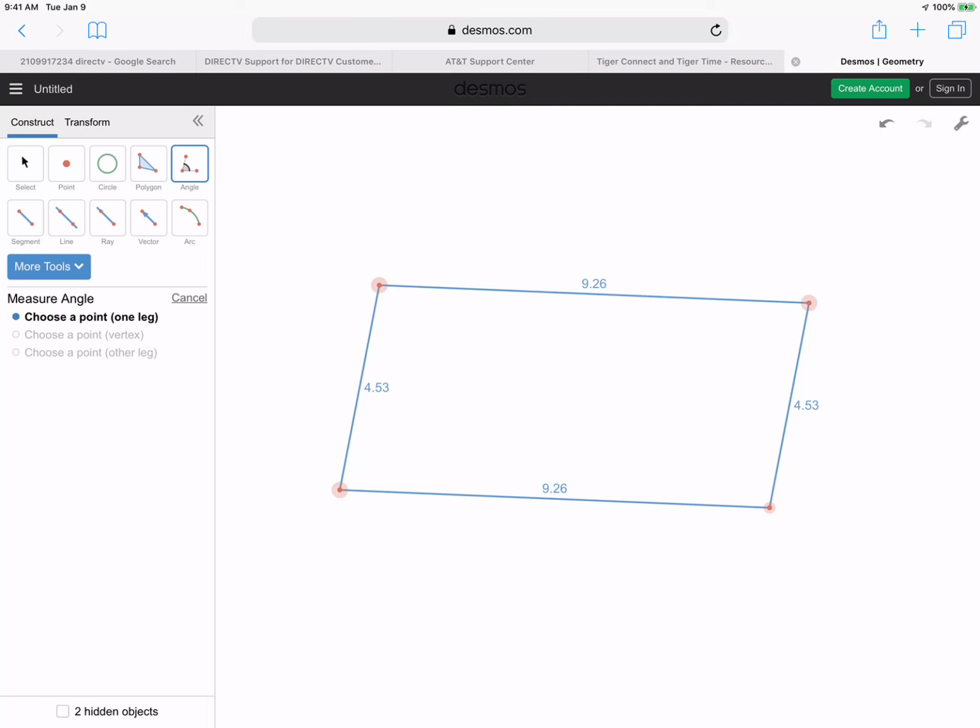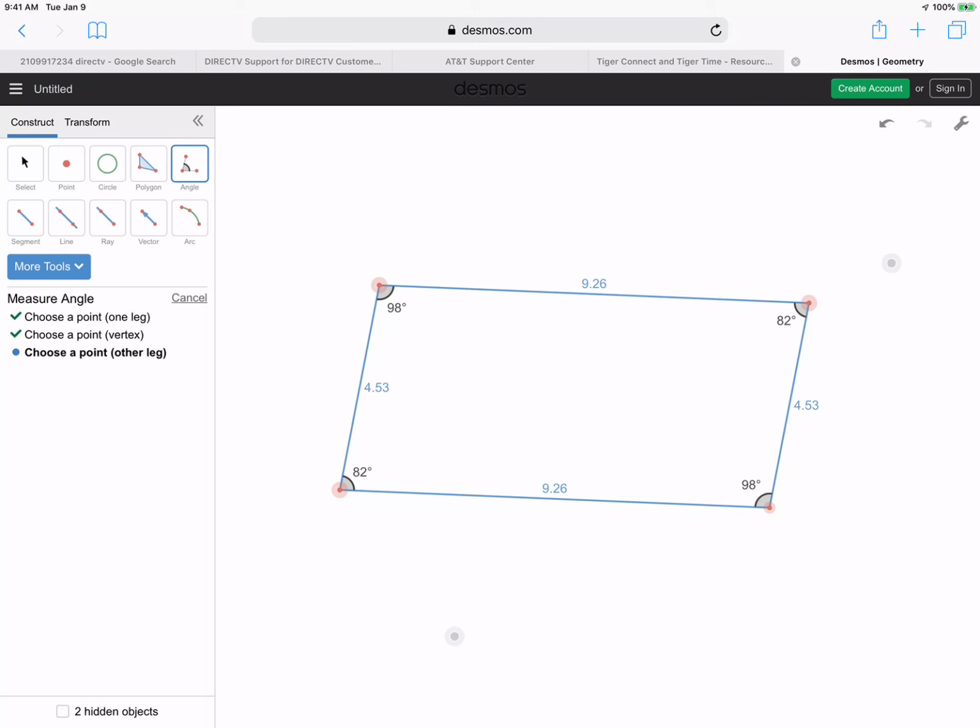This time I'm going to go ahead and measure the angles. All right. Uh-oh. Made a mistake there. Let me try that again. There we go. Okay.